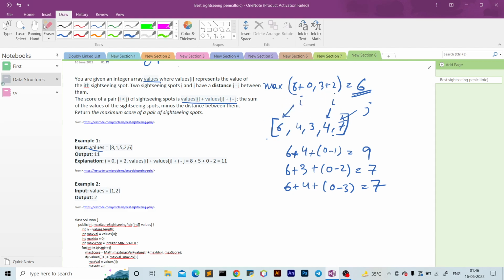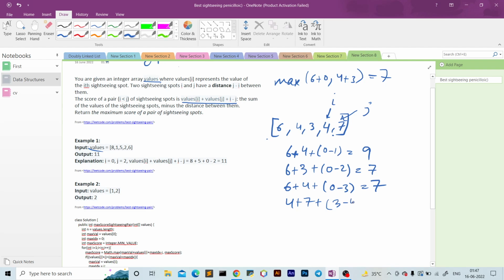So now again we would check the max of the first plus 0 and the second plus 3, which means that this is now the ith index, and the earlier one is no longer the ith index. So it would be 4 plus 7 plus 3 minus 4, which is 10.